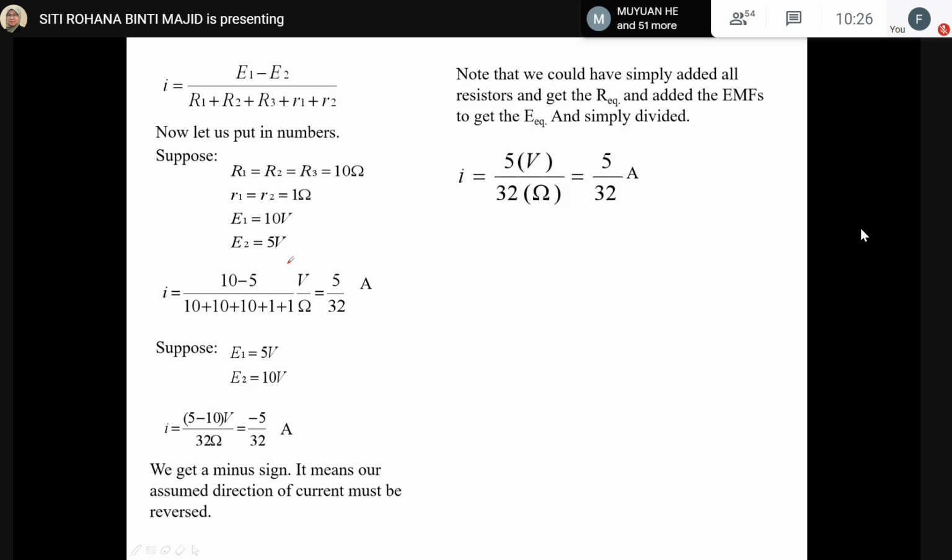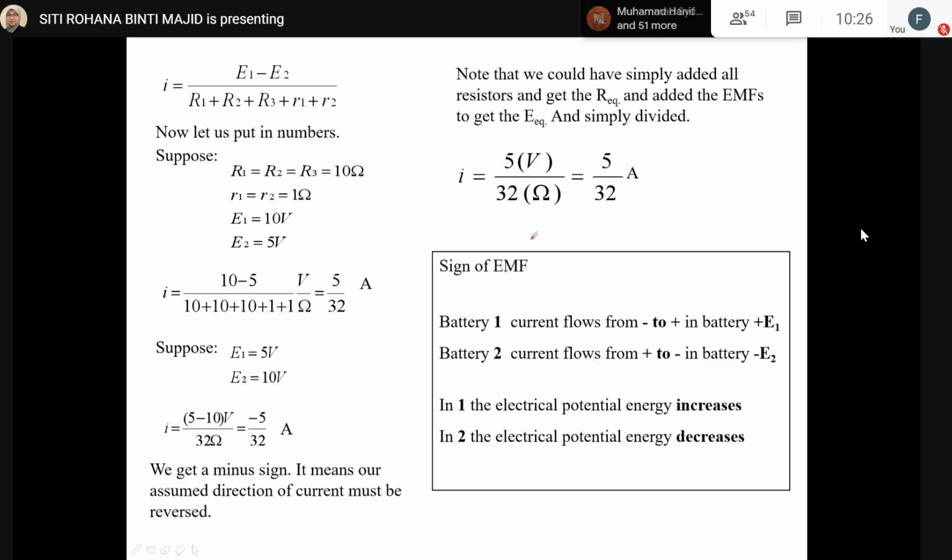Okay, so you have to notice that you can simplify this, and then you can add all the resistance, and then get the total resistance, and then you can have the correct values for the second option here.